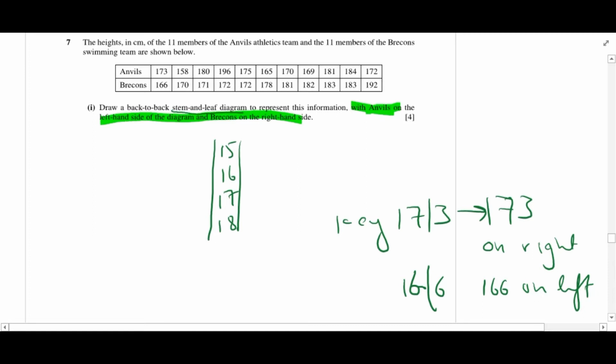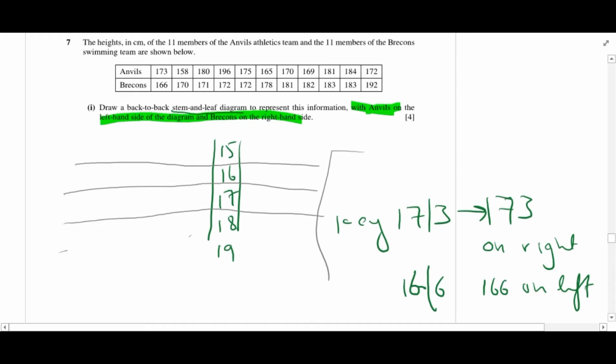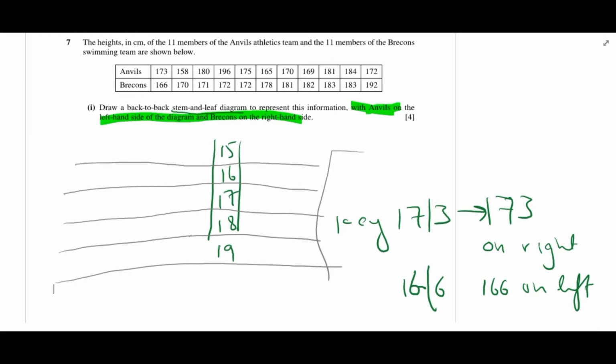Say we work with 15, 16, 17, 18 and 19 as the stems. Okay, now 15 for the stems.